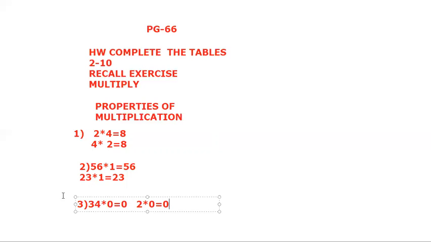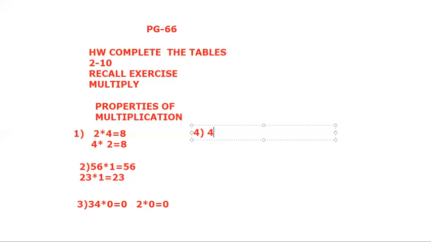Let's go to number 4 property. When you multiply 3 numbers, you can group them in any order. Product is always the same.